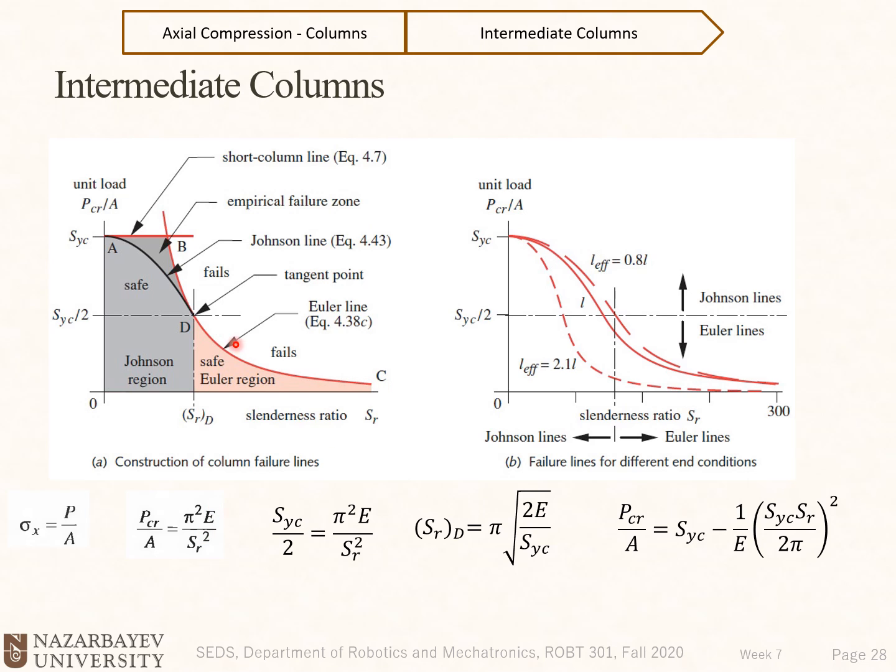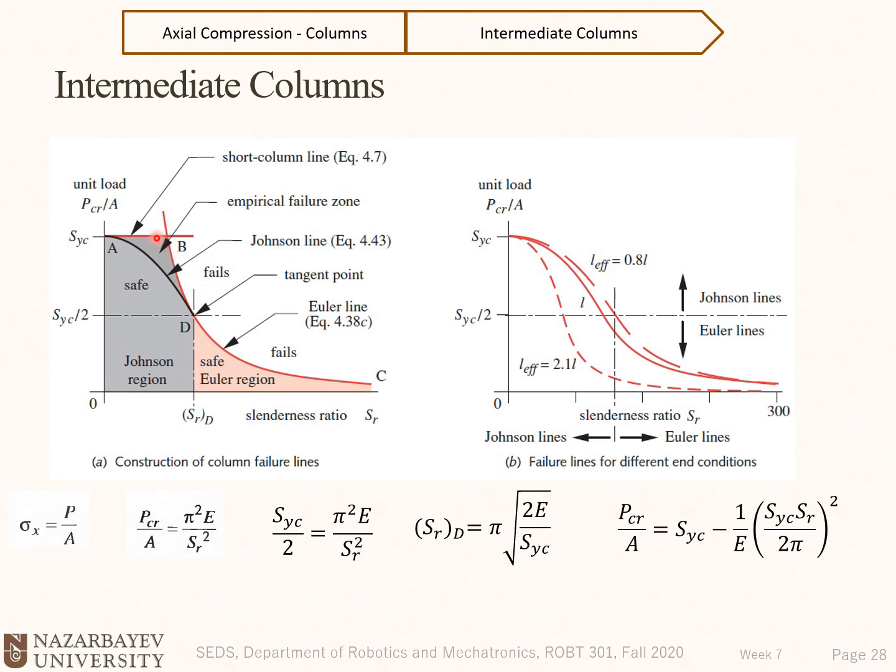So if we plot it, we will have this curve. Based on this formula, below that we are safe. This is the Euler region, and above that the buckling of the column should happen. And this part is for long columns.